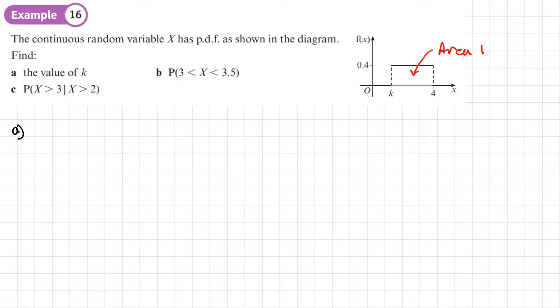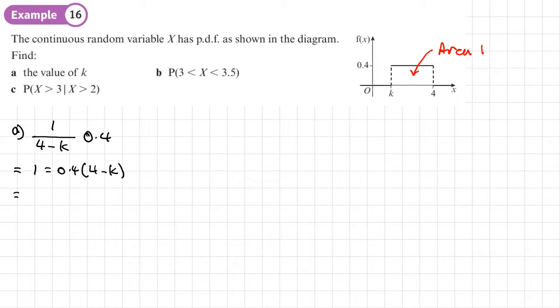So area divided by width, 4 minus k, is equal to 0.4. So this is just a matter of rearranging this to solve it. So we'll have 1 equals 0.4 times by 4 minus k.